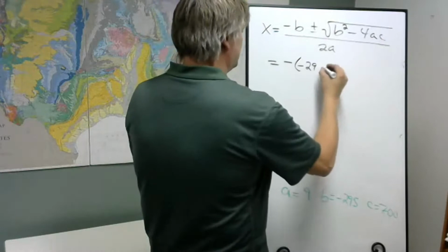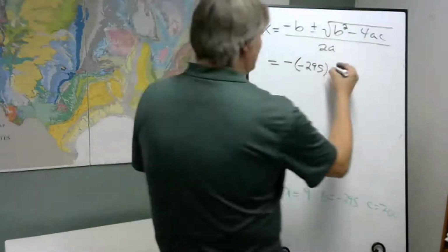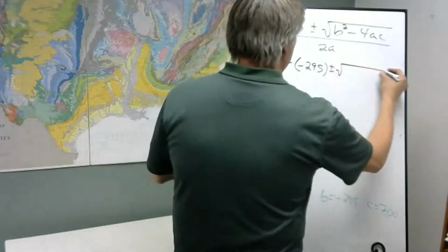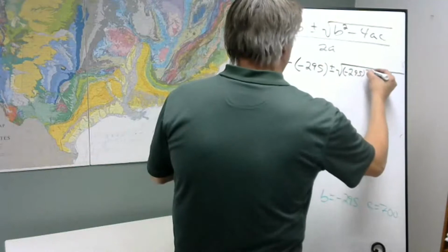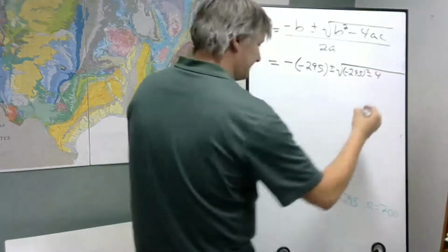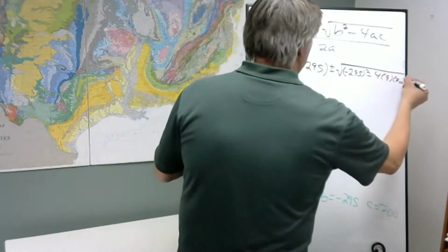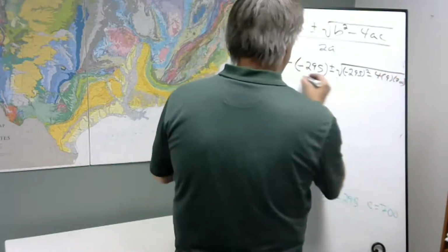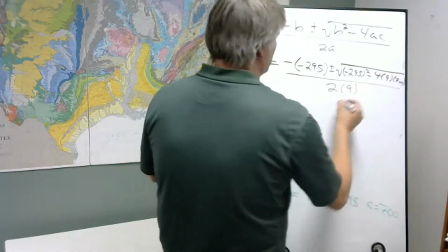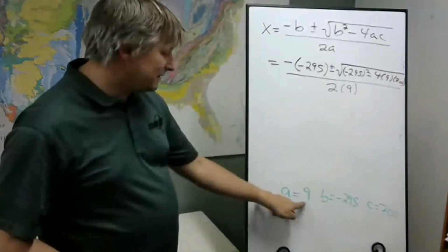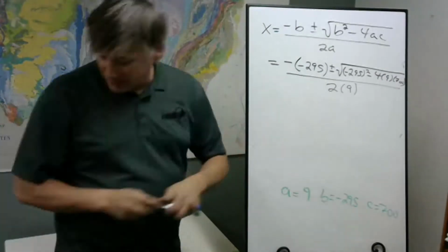Negative 295, that's our b. There's the negative for the b. Plus or minus negative 295 squared minus 4 times 9 times 700, divided by 2a, or 2 times 9 in this case. The numbers are going to get a bit big. This is what we're going to have.